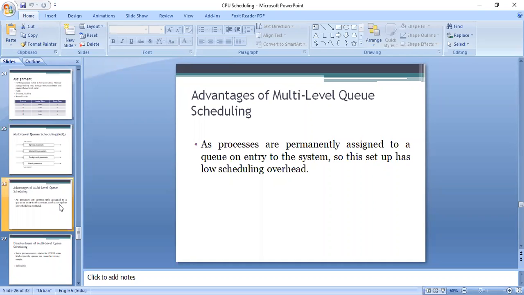So no relevant records, or the state of the process or the intermediate outputs, need to be maintained. So it lowers the scheduling overheads and we can overcome the problem of maintaining overheads in other scheduling algorithms. Once it is assigned to one queue, it will be there and it will be executed there only. No further scheduling or context switching will be done.